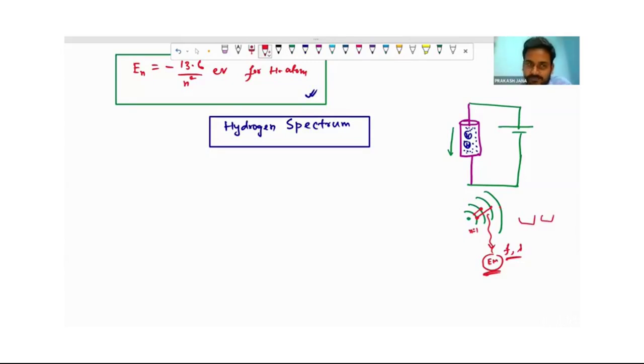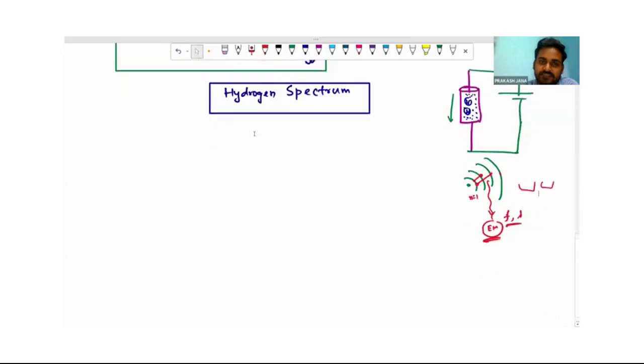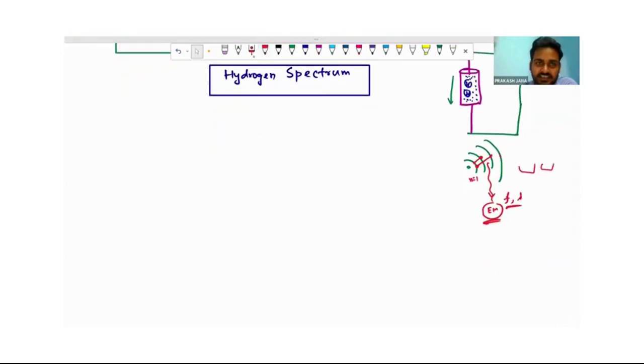We'll discuss that. Okay, so hydrogen spectrum, what happens? Initially I'll draw the nucleus. This is the nucleus, and I'll draw some orbits of the hydrogen atom.